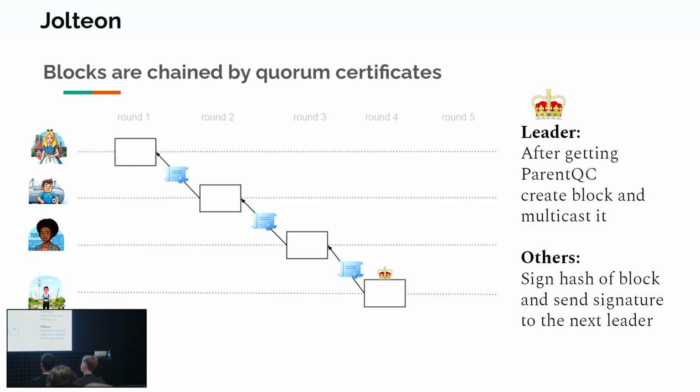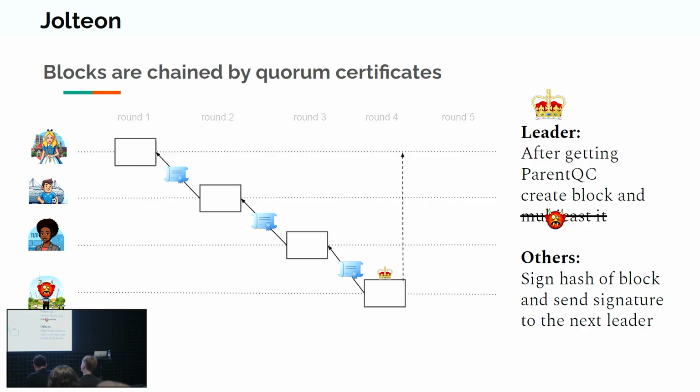But what happens if we have, say, Byzantine faults or some asynchronous period? In that case, for instance, let's say that this guy decided to not multicast its block, but send it to only one party. In this case, the protocol needs to proceed to achieve liveness.